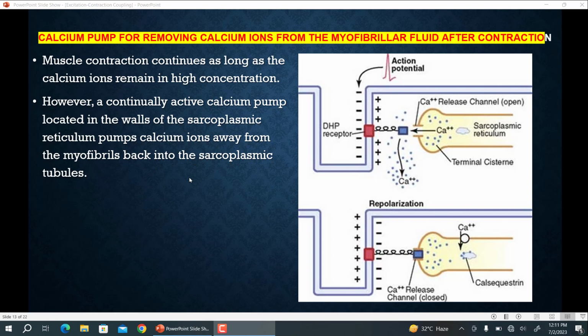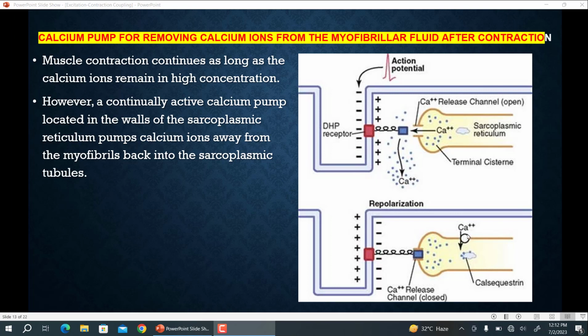However, a continually active calcium pump located in the wall of the sarcoplasmic reticulum pumps calcium ion away from the myofibrils back into the sarcoplasmic tubules. Here we have a pump called the calcium pump, and it removes calcium from the myofibril back to the sarcoplasmic tubule.